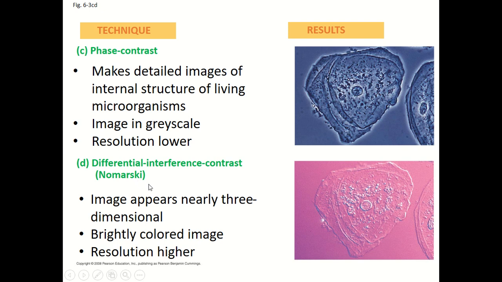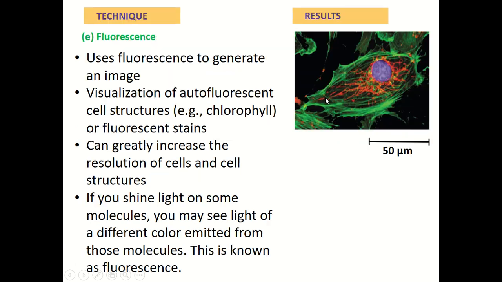In the Nomarski technique, the image appears nearly 3D, okay, which is actually a 2D image, a brightly colored image, and the resolution is higher compared to the phase contrast technique.